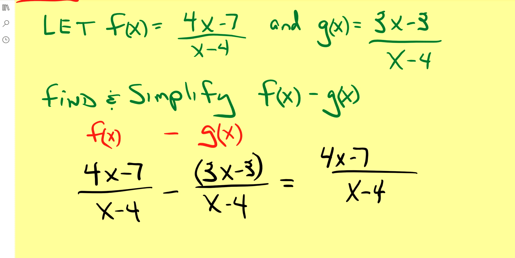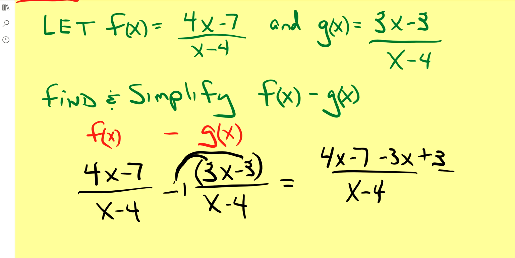And now I'm going to distribute the negative to the binomial here. This is a negative 1, and I'm going to distribute it to the two terms in the binomial. Negative 1 times 3x is negative 3x, and negative 1 times negative 3 is positive 3.